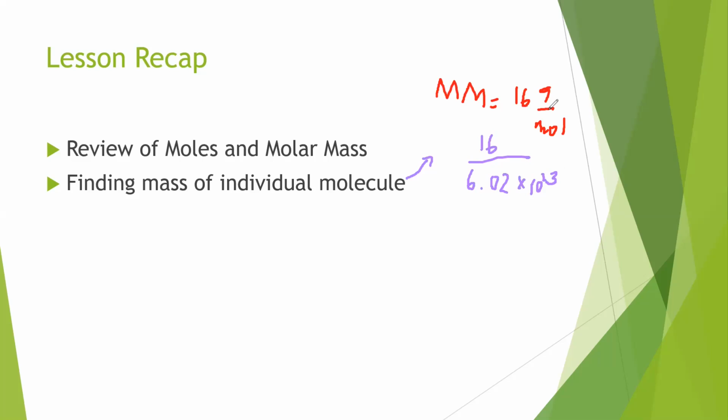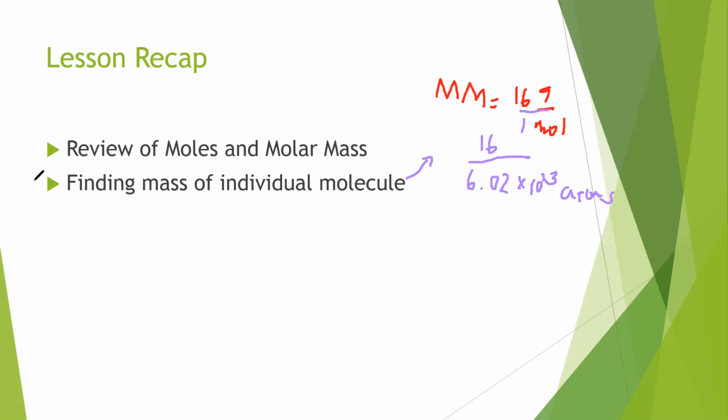I just realized while teaching, an easier way to see this is recall that the molar mass is 16 grams per 1 mole. We can just change out the moles with 6.02 times 10 to the 23rd atoms, and we'll immediately get our answer. So that's how we find the mass of an individual molecule.